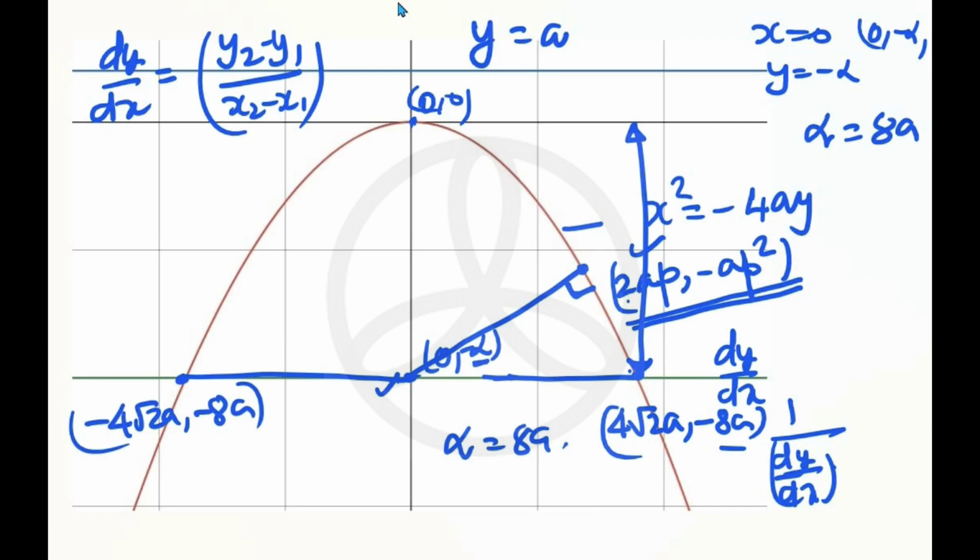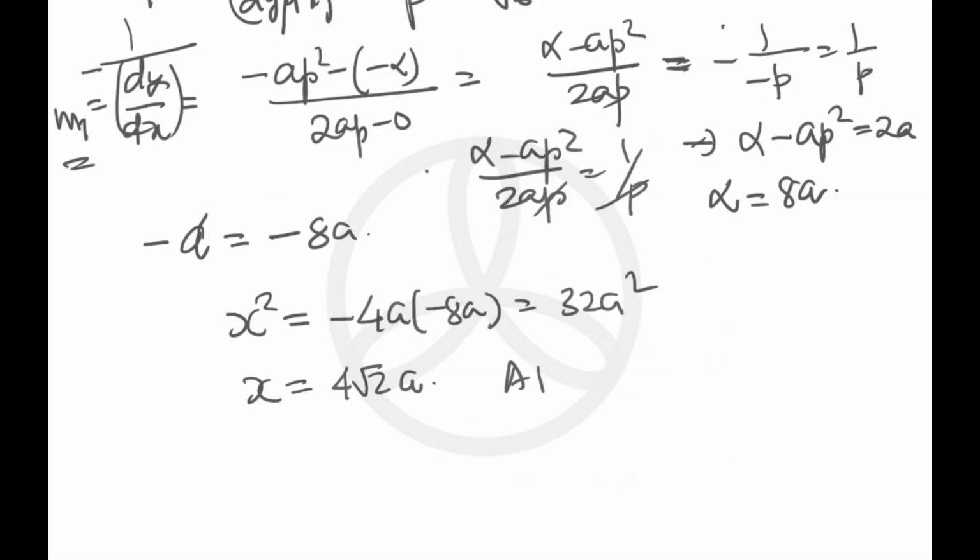This becomes the coordinates of these points. 4 root 2a minus minus 4 root 2a becomes 8 square root of 2a. So AB is actually 8 square root of 2a.